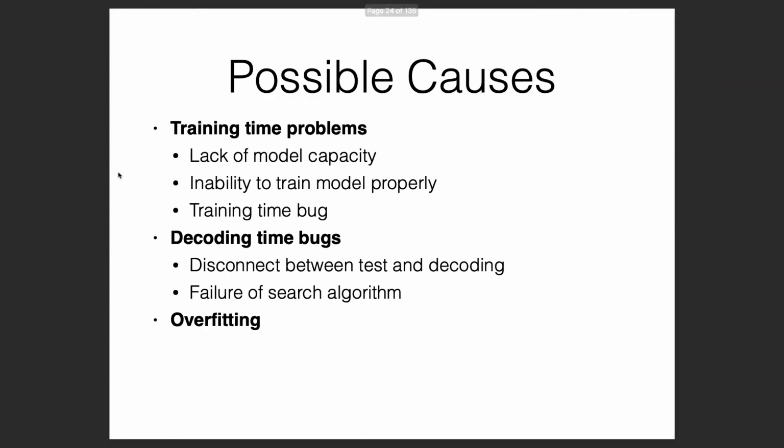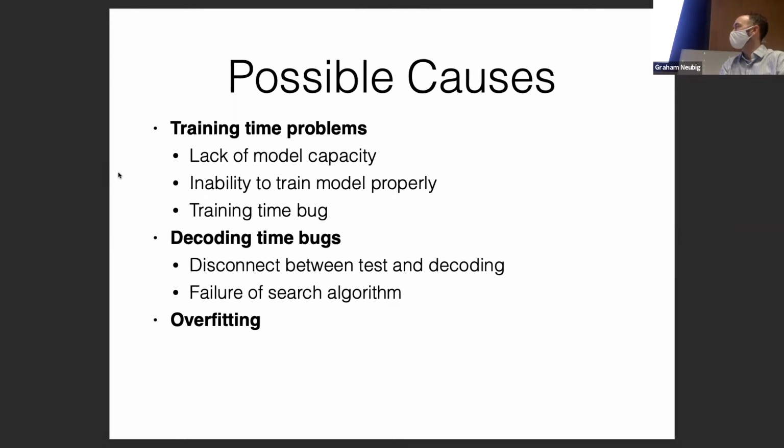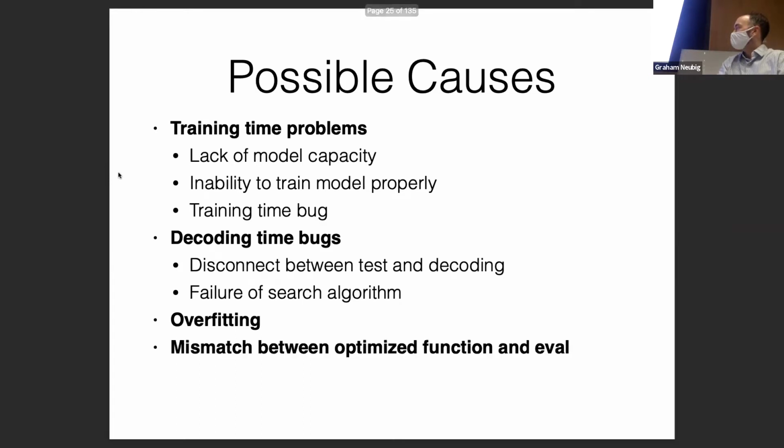And then once you've ruled out all of the bugs above, you could also have issues with overfitting, where we're training well on the training set, but doing poorly on the test set. And another issue can be a mismatch between the function that we're optimizing at training time and the way we're evaluating our models.